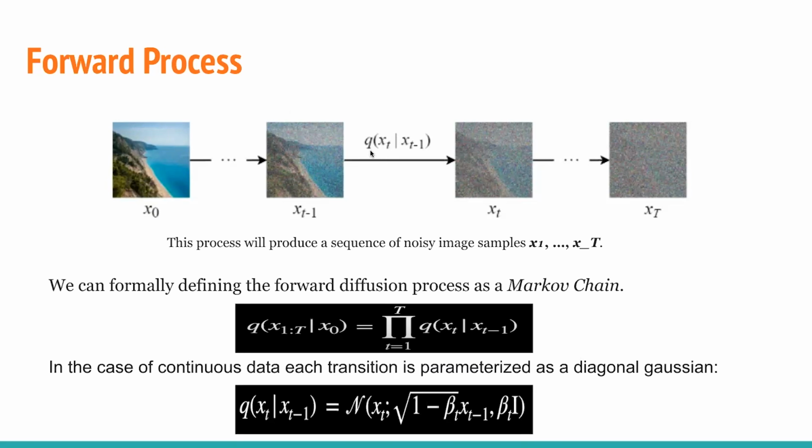Here, q of xt given xt minus 1, this output depends only on your previous output, not anything else in the world, because you take this image, add some noise, and this will become the next image. At every step I am adding the same amount of noise. That's how it becomes a Markov chain.